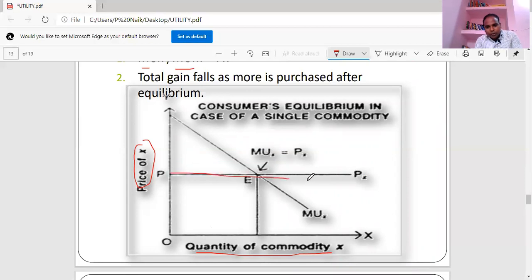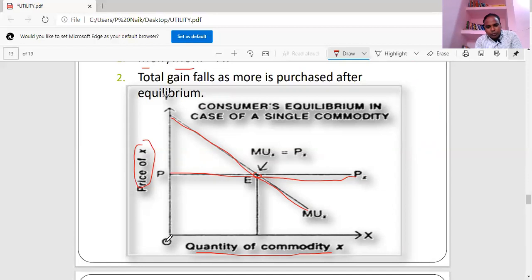This is the price line Px, and this is the marginal utility curve, and both the price and the marginal utility curve intersect at point E here.